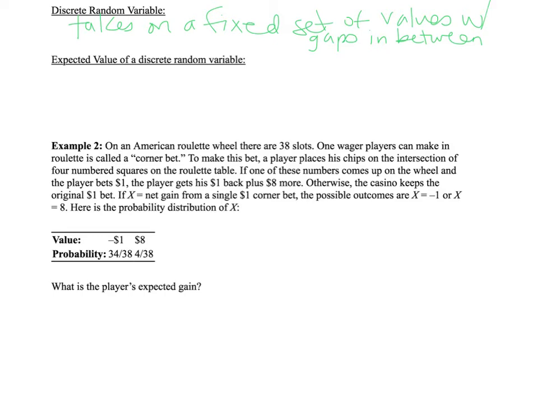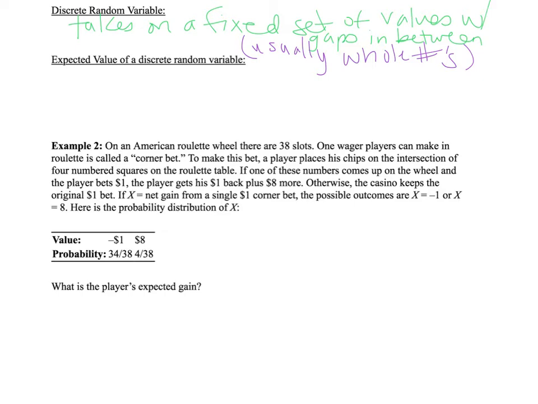For example, 1, 2, 3, and 4 were our possibilities, so numbers like 1.5 and 2.5 in between were not included. Usually, but not always, discrete random variables are often going to be whole numbers.